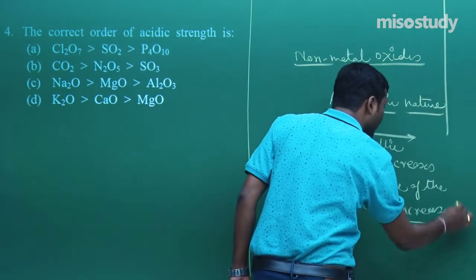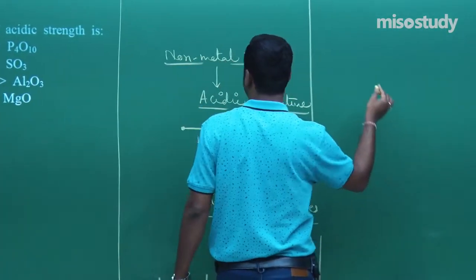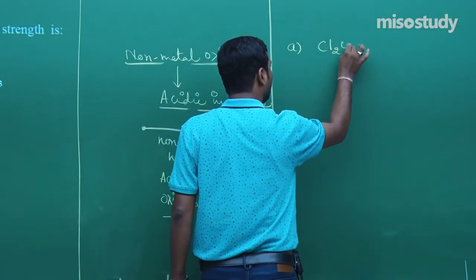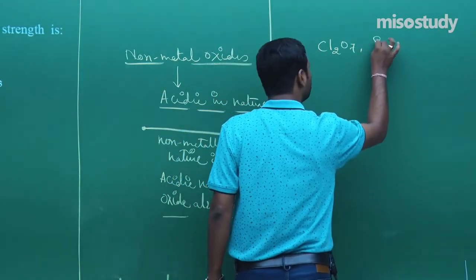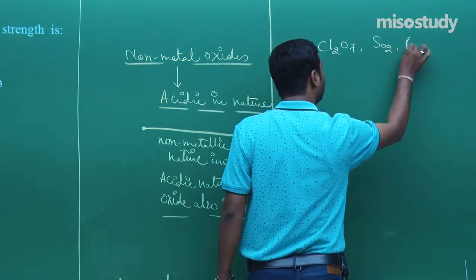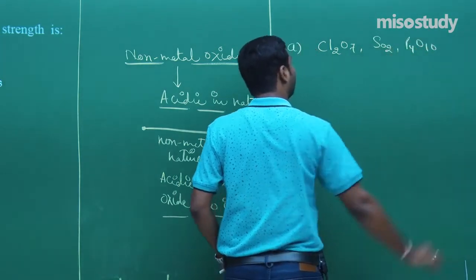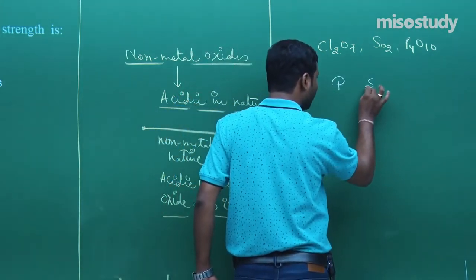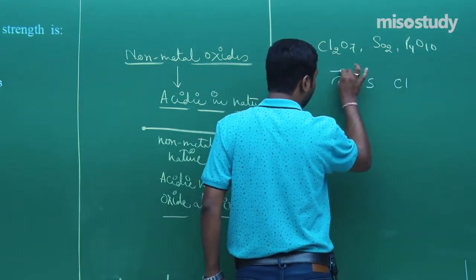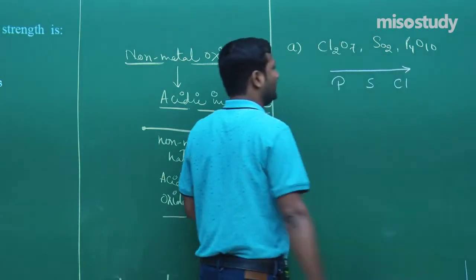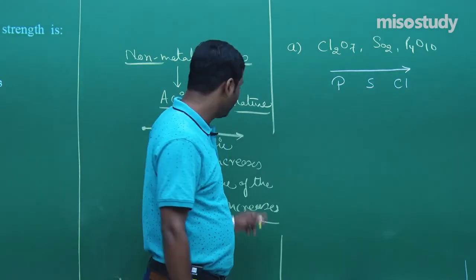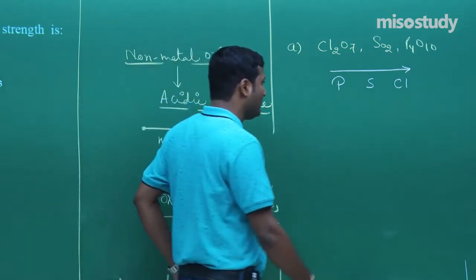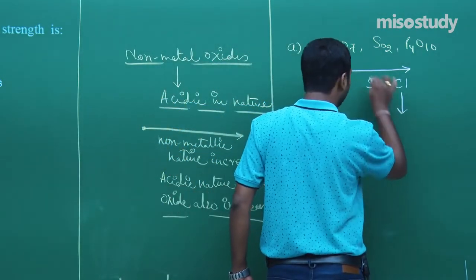Now, we have to check the first option. The first option is the order Cl2O7, then SO2 and then P4O10. Clear? As we know, first comes phosphorus, then sulphur. If we move along the period, the non-metallic character increases, so the acidic nature of the oxide also increases. If I talk about the oxide of chlorine, Cl2O7 is given.